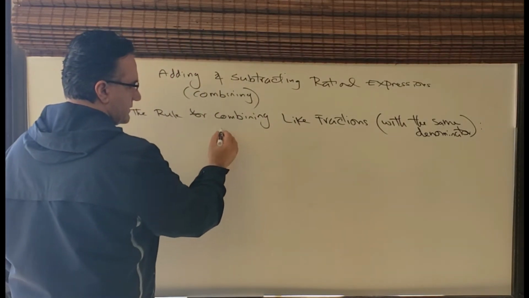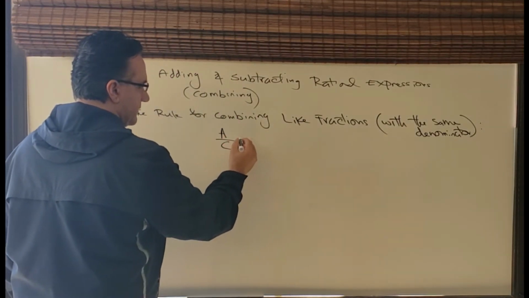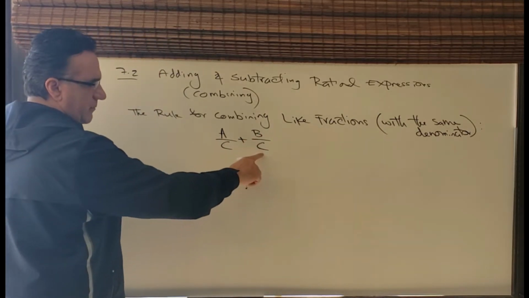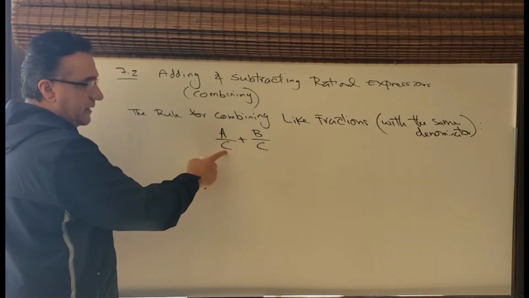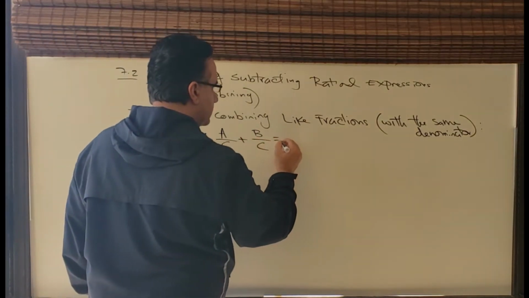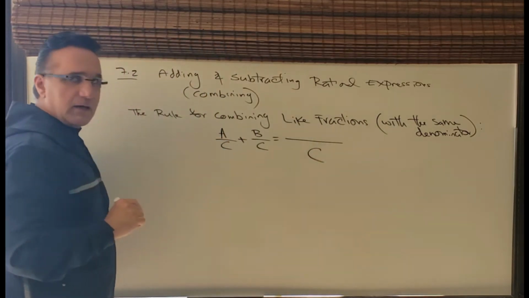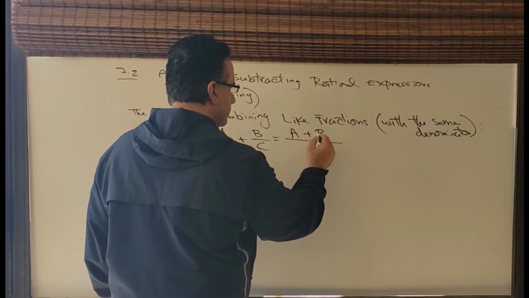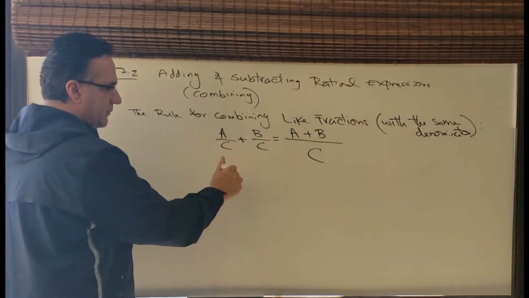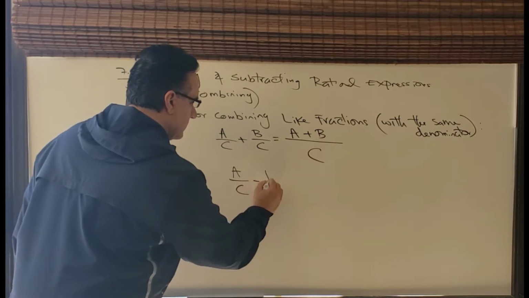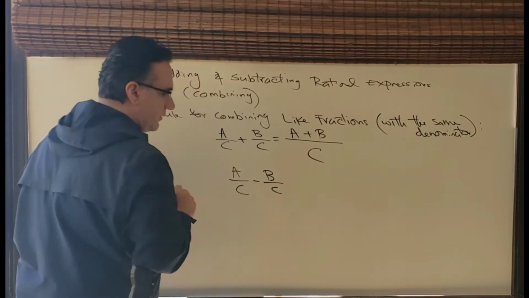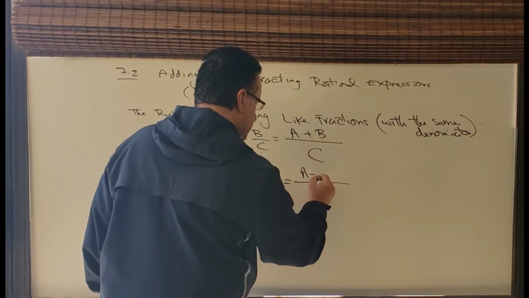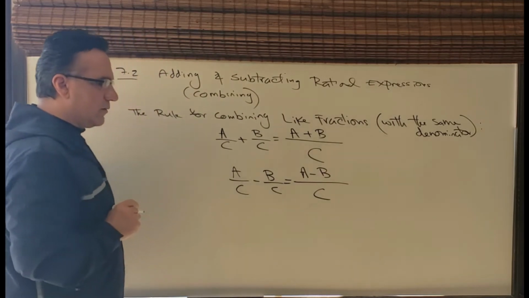It's just as simple as a over c plus b over c. So here we're combining two fractions, and if you notice, the denominators are the same. In that case, the rule is simple: keep the common denominator c and combine the numerators. And this works whether it's plus or minus, so whether you're adding or subtracting. Same way here, keep the common denominator, just subtract the numerators.